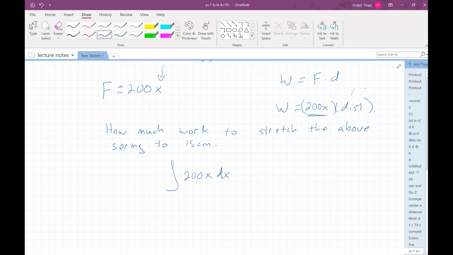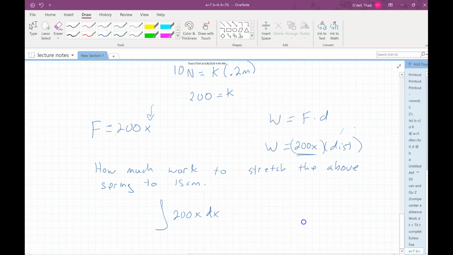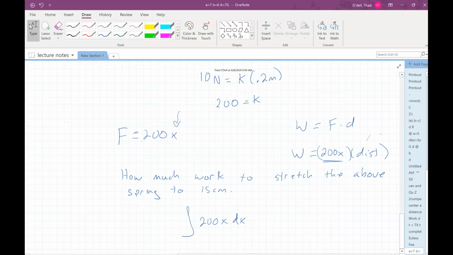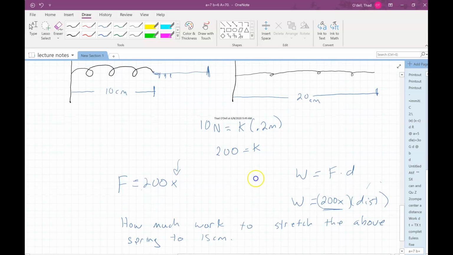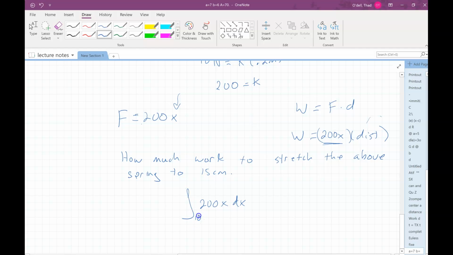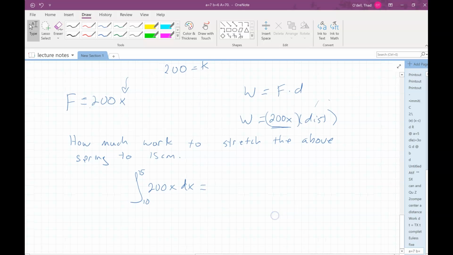And since we're going to 15 centimeters, remember it's normally 10, so we're actually stretching from 10 to 15, because the normal length of the spring is 10. If we evaluate that integral, it will calculate the work done. That would be 100x squared, evaluated from 10 to 15.